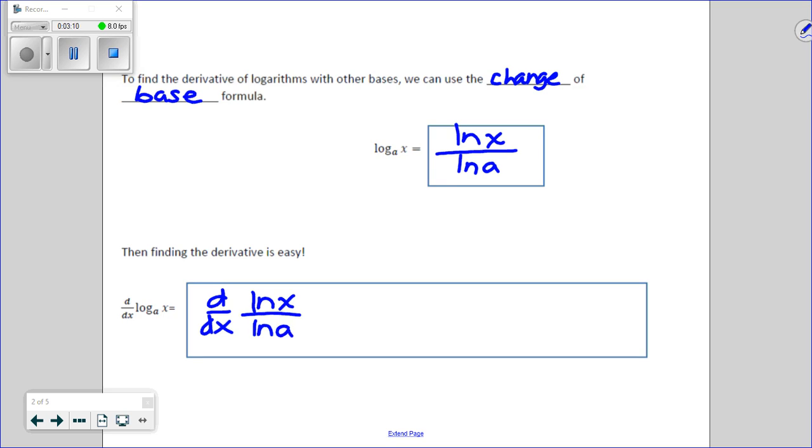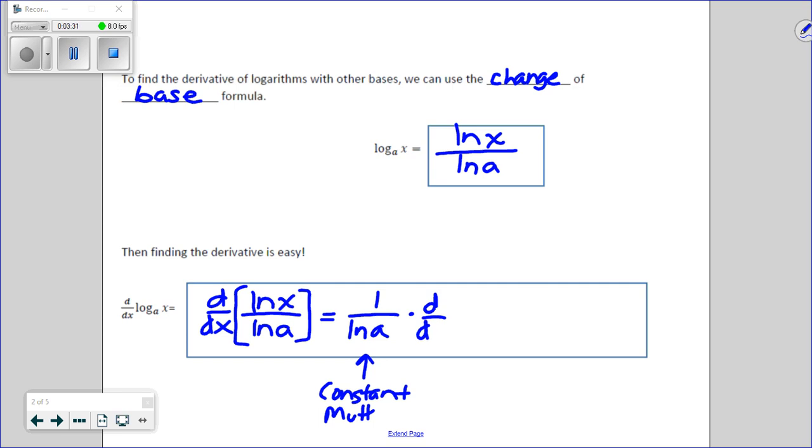Well, if we're finding the derivative with respect to x, then 1 over natural log of a is just a constant multiple. So we're using the constant multiple rule. And we're just going to put that in front, multiply it times the derivative of natural log of x, which we just learned previously is 1 over x.